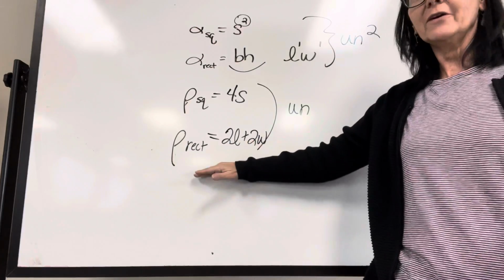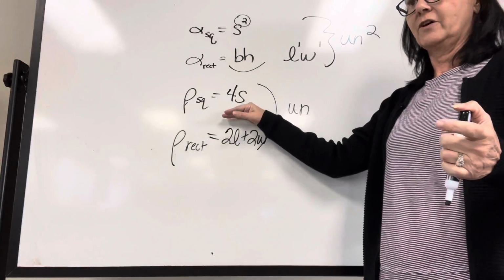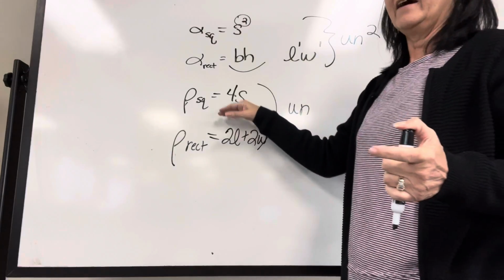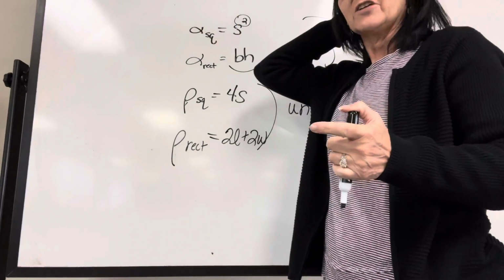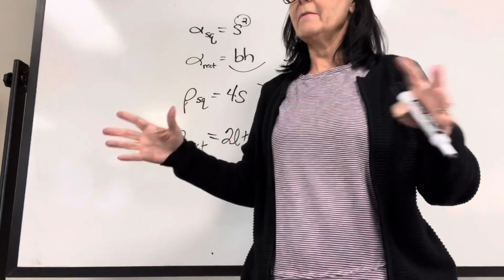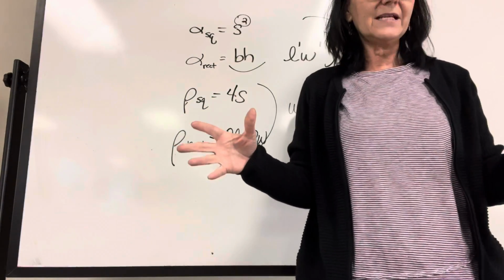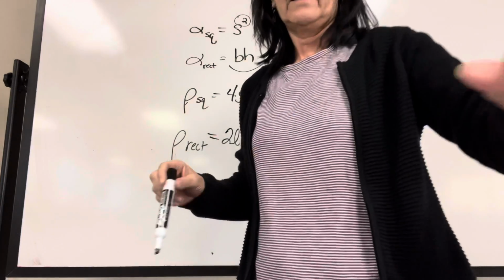All right, perimeter is 1 dimension, 1 degree. Area, 2 dimensions, 2nd degree. Are you tying that together? Volume, like Elliot said, 3 dimensions, because it exists in space. And we're going to have a cubed. Got it?